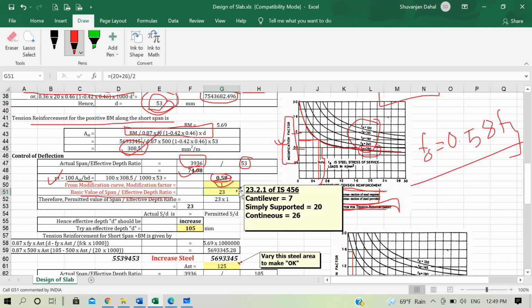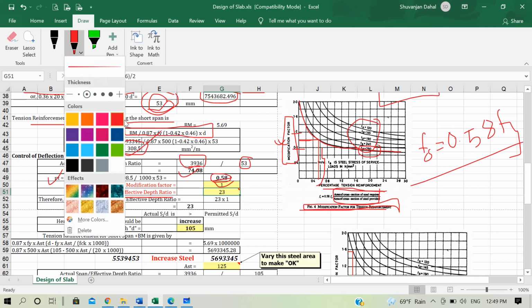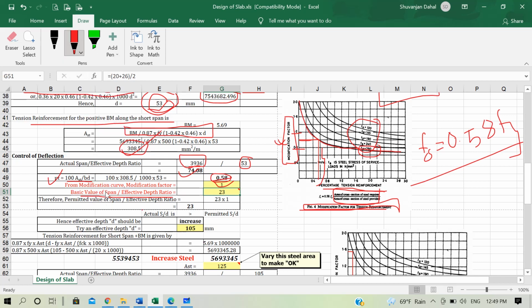We had values of 7 for cantilever, 20 for simply supported slabs and 26 for continuous. Since our slab is discontinuous at two ends, it is neither simply supported nor continuous at all four ends. So we take the average value of 20 plus 26, which is 23, to determine the basic value of span by effective depth ratio, 23.